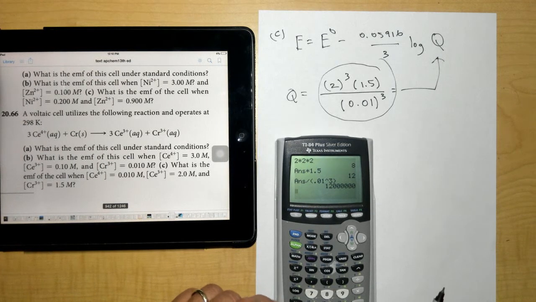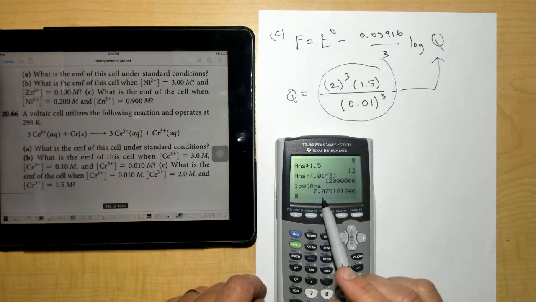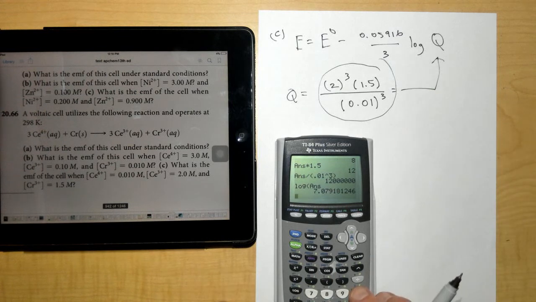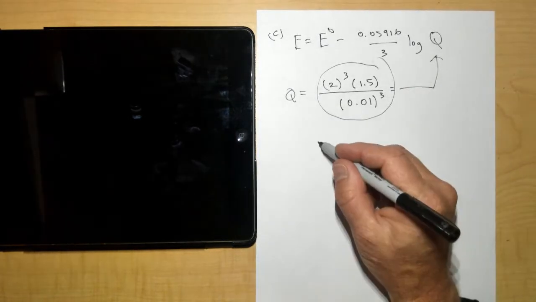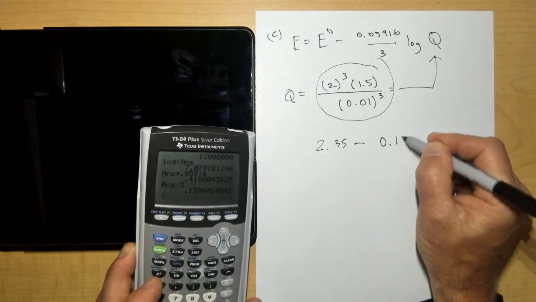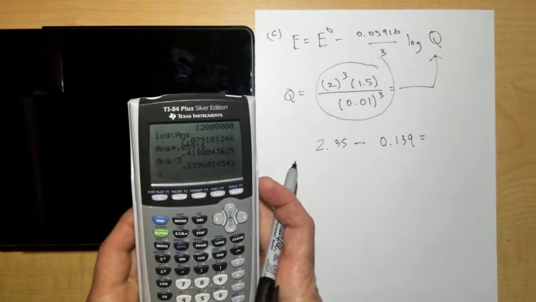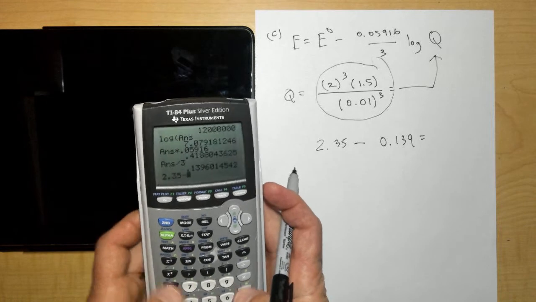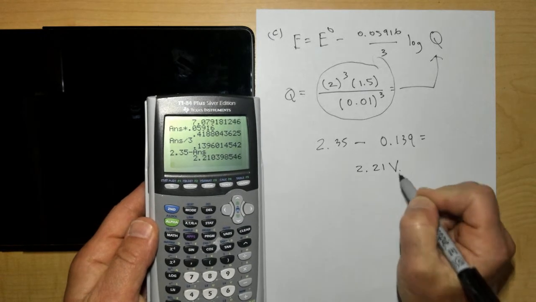So log, regular log of second answer, and so now I get a big number there, 7.0, and now I take that times 0.05916, and then I'm going to divide that by 3 moles of electrons transferred, and so now my E, which was 2.35 minus a positive 0.139, now I'll end up with a voltage that's less, so it would be 2.35 minus second answer, I get 2.21 volts for that one.